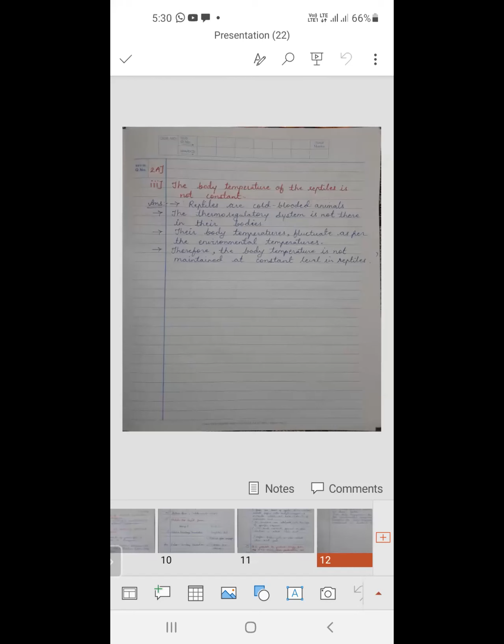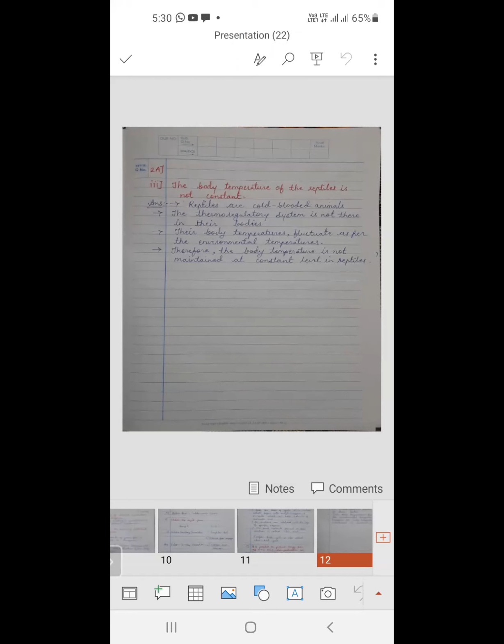As for us humans, our temperature is constant, 37 degrees Celsius, so we are warm-blooded animals. We are also one type of animal, we are mammals. The cold-blooded animals, these reptiles, don't have the thermoregulatory system that we have, so their body temperature fluctuates as per the environmental temperatures.